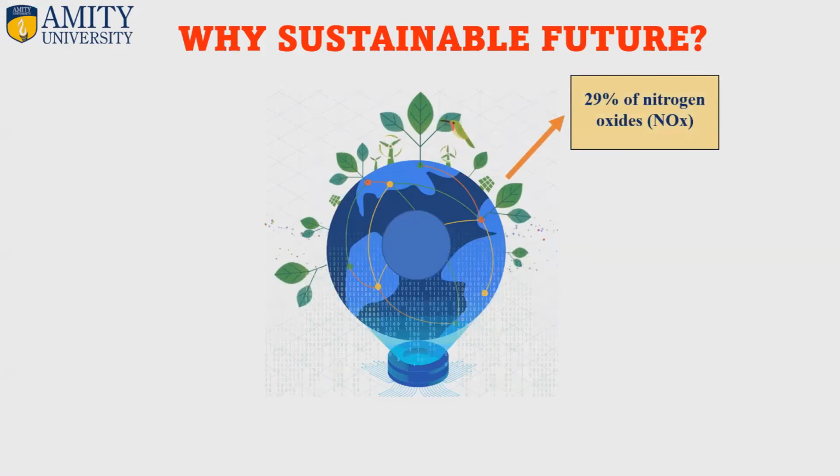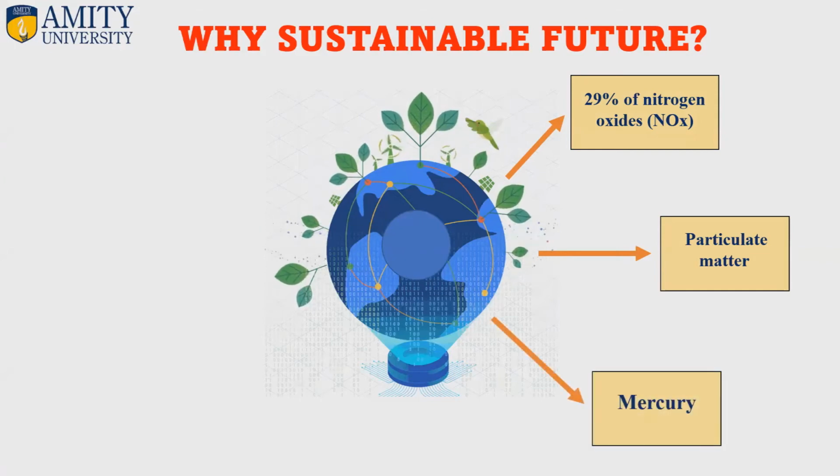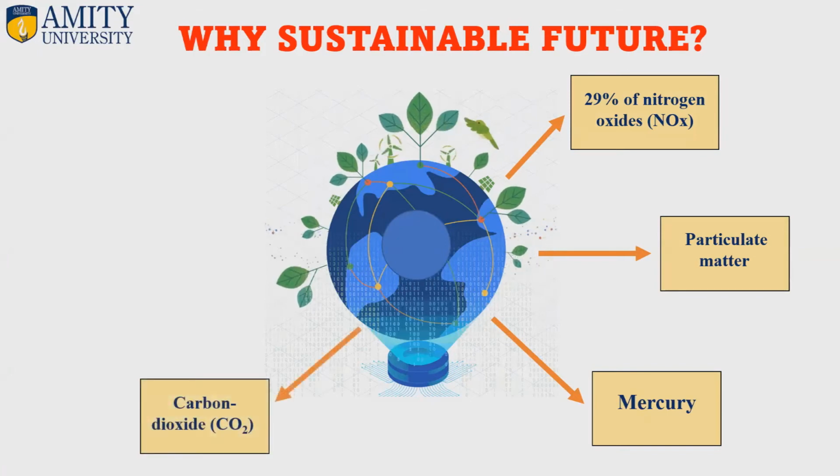Also, 29% of nitrogen oxides react with the sunlight to create ground level ozone and smog. These come from electricity generation. Particulate matter is a type of air pollution, more commonly referred to as soot. Mercury is a highly toxic metal that is released from coal-fired power plants.